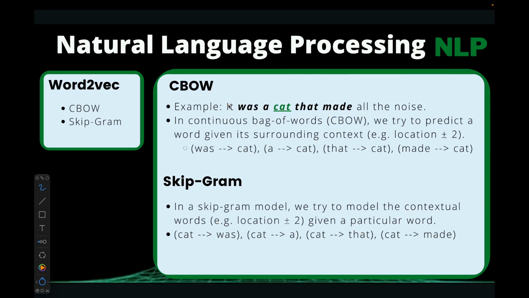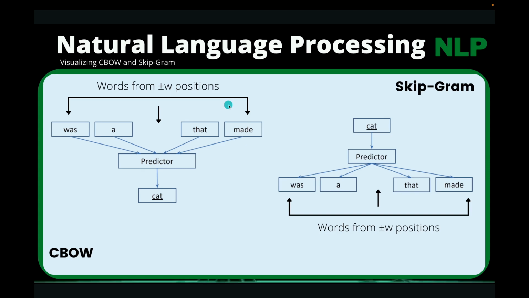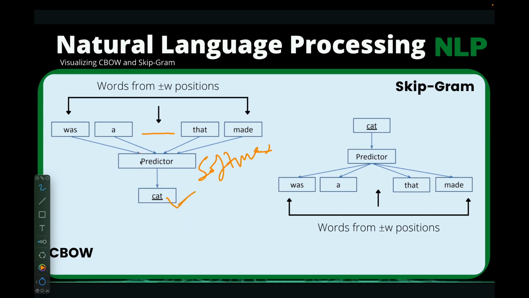Let's visualize this and see how it is. Here we base on the surrounding words, and we try to predict the focus word that is supposed to be here. We've taken the focus word out, but we want to base on these surrounding words and use some sort of predictor, which here can be something like softmax, and then based on that we predict the focus word, cat.